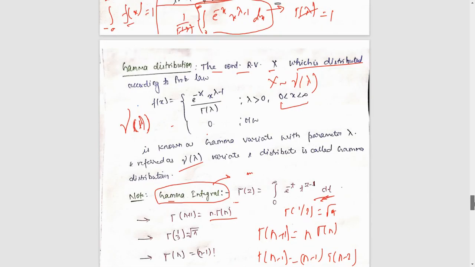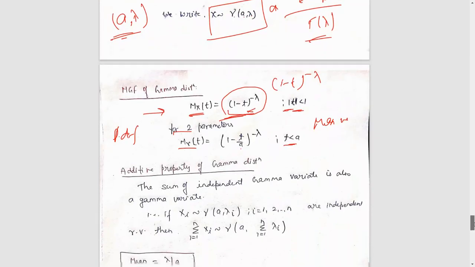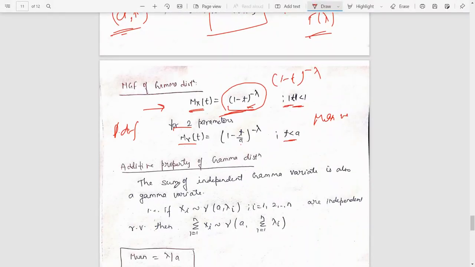And then we have the additive property of the gamma distribution. So what is the additive property? Let's say you have n random variables, and those follow the gamma distribution with parameters a comma lambda_i.